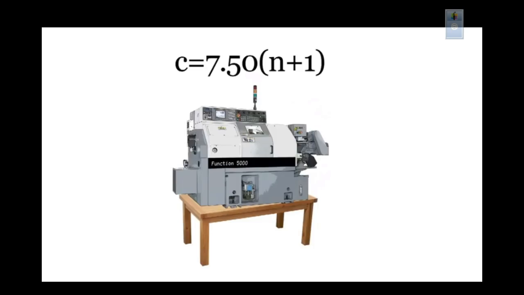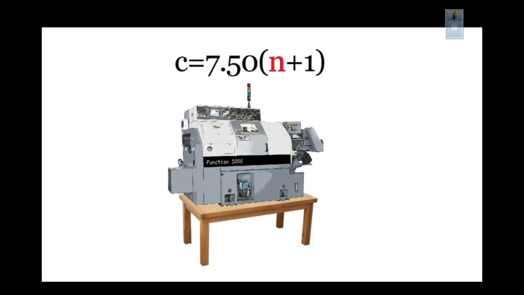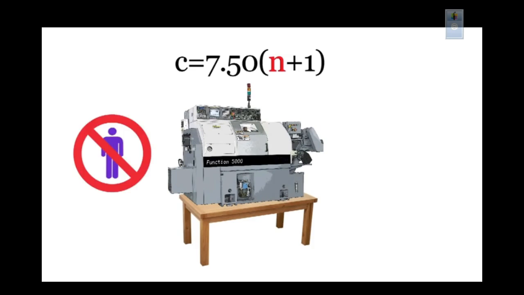Let's turn on the function machine and input a few values to see what lunch might cost. Any value we input into the function machine is transformed by the mathematical operation or the rule of the function. So what if no friends come to lunch?